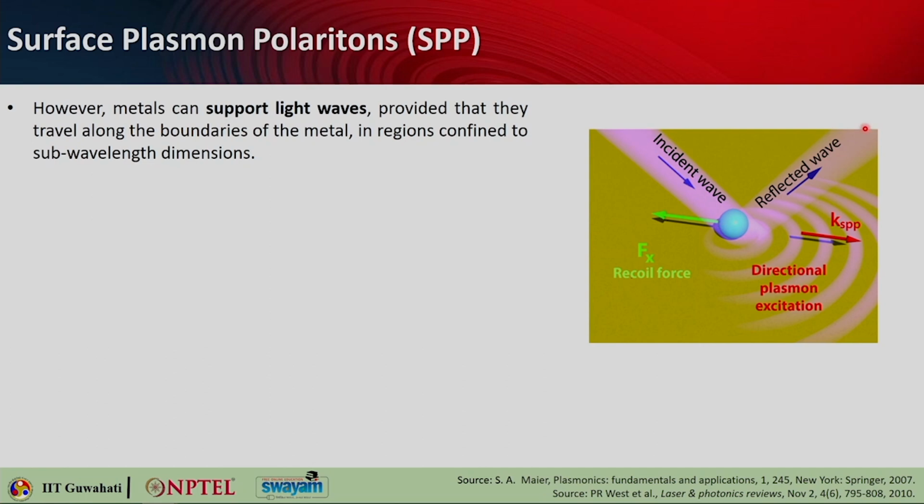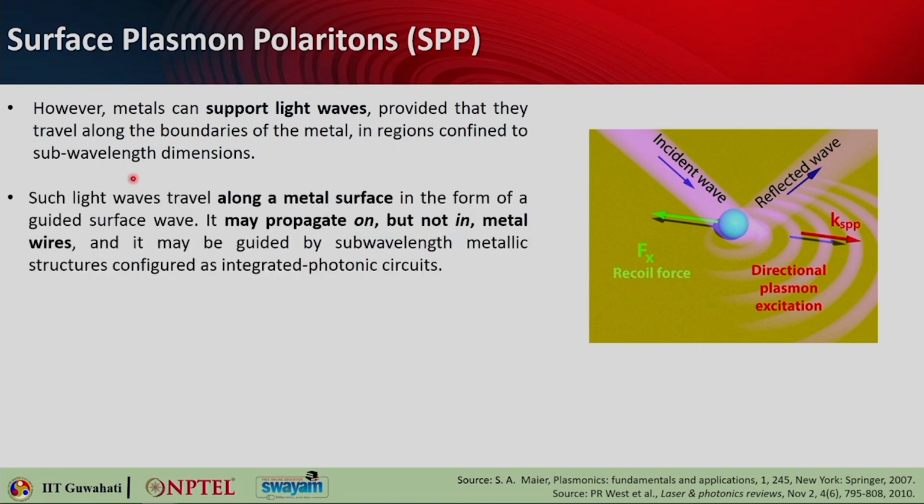But there are conditions in which you are also able to excite some kind of surface waves on this metal surface. They travel along the boundaries of the metal, and typically they are confined to sub-wavelength dimensions.